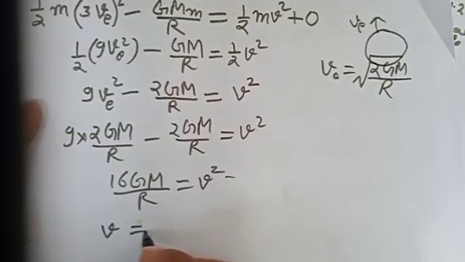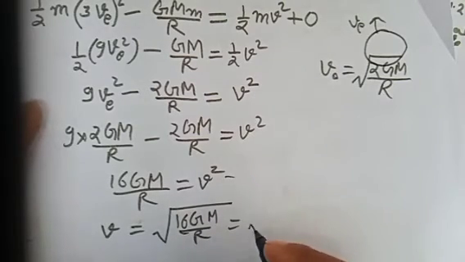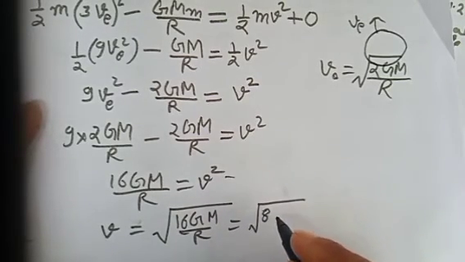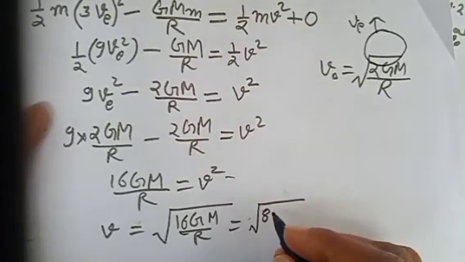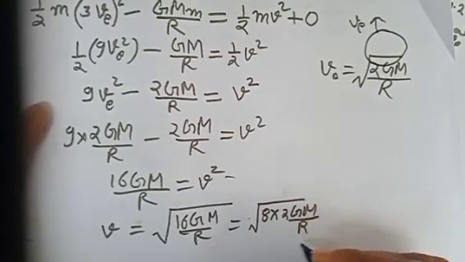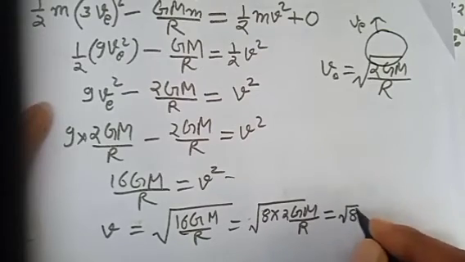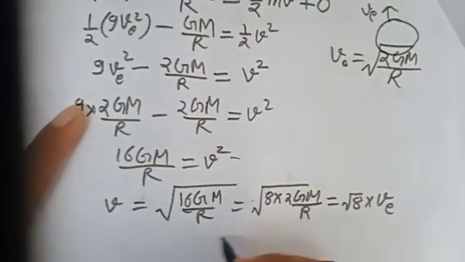So v is equal to root of 16 GM upon r. Now see the trick. Root 8 into 2 GM upon r, and this is VE. So root 8 into VE. That is why they have given the value of VE.